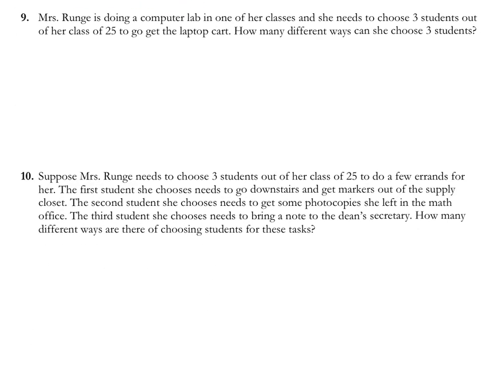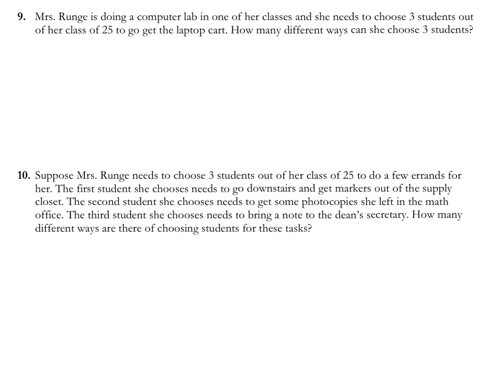So in number 9, I'm doing a computer lab, and I need to choose 3 students out of a class of 25 to go get the laptop cart. How many different ways can I pick 3 students? So there's 25 ways of picking the first student, 24 ways of picking the next student, and 23 ways of picking the third student. The order doesn't matter.